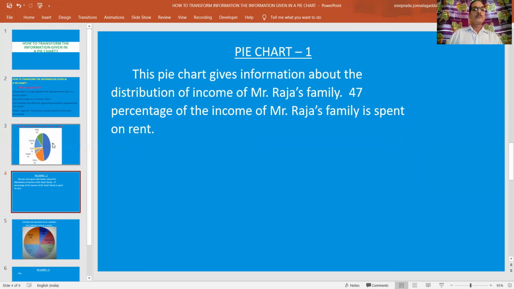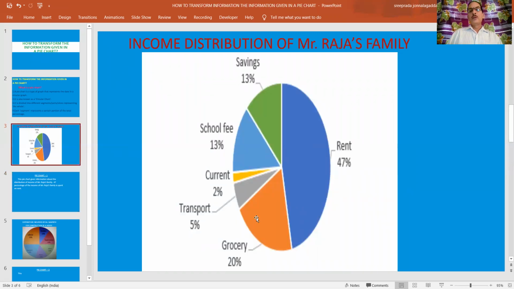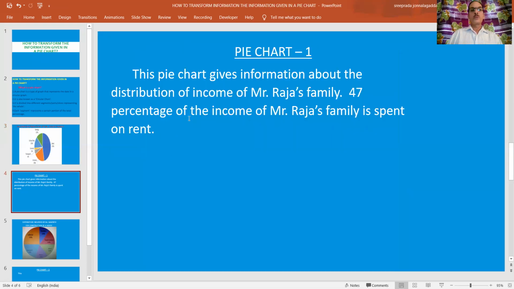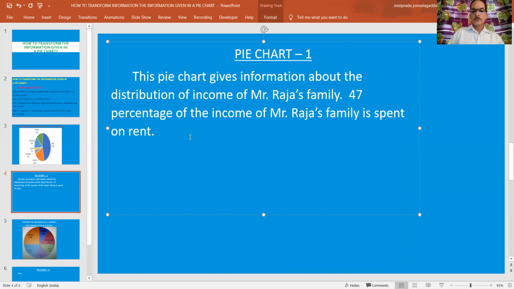And next comes grocery. How much percentage of Mr. Raja's family's income is spent on grocery? 20%. 20% of income of the family.